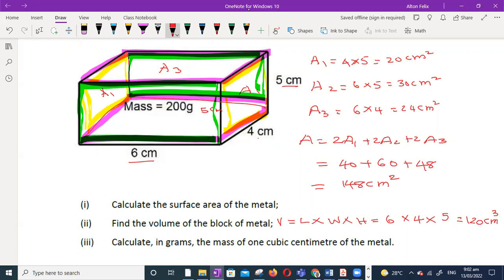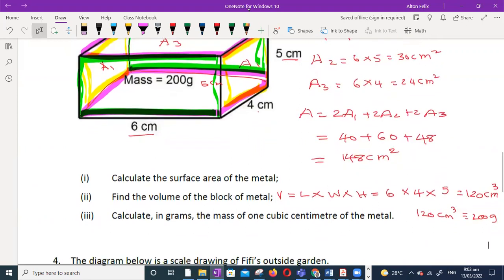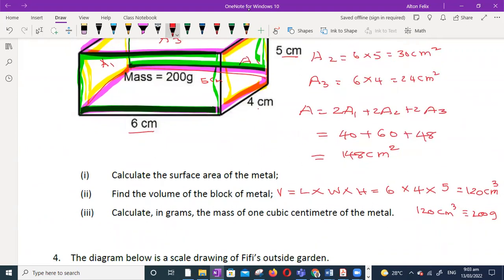Calculate in grams the mass of 1 cubic centimeter of the metal. They told us the total mass, which is 120 cubic centimeters, is equivalent to 200 grams. So if you want to find just 1 cubic centimeter, you divide both sides by 120, and that will be the weight of 1 cubic centimeter of this metal.